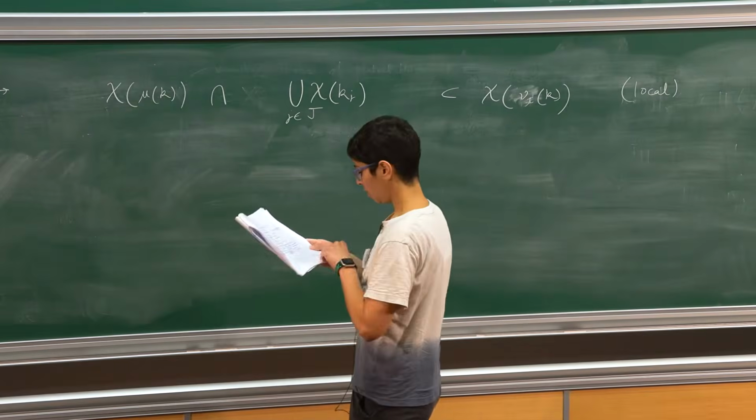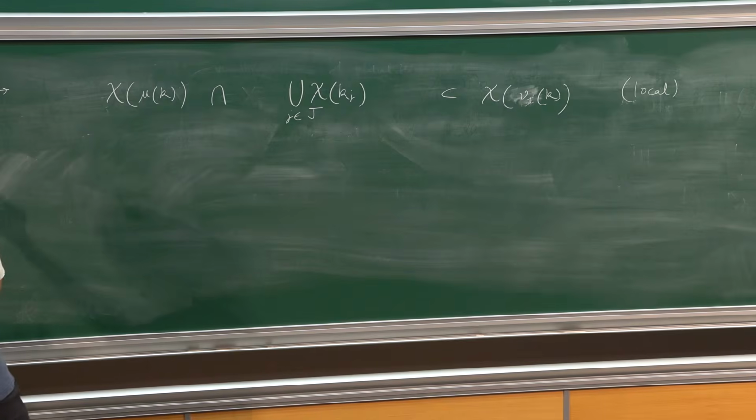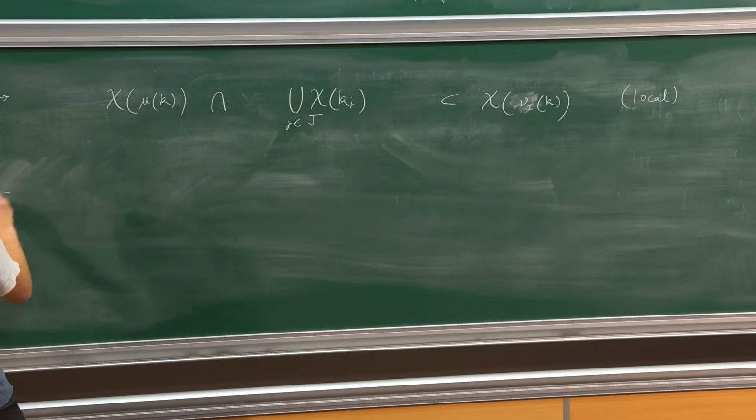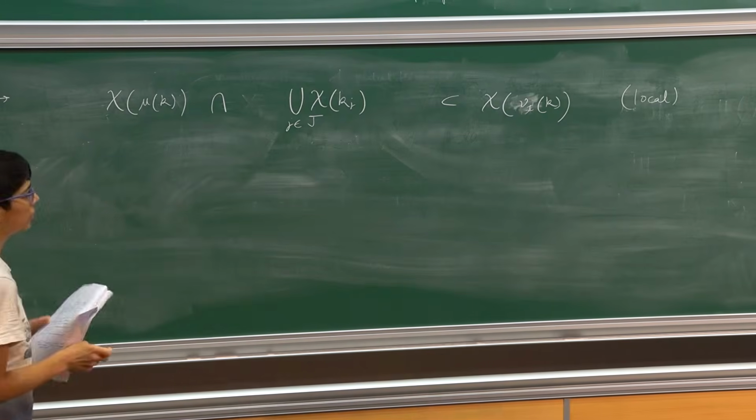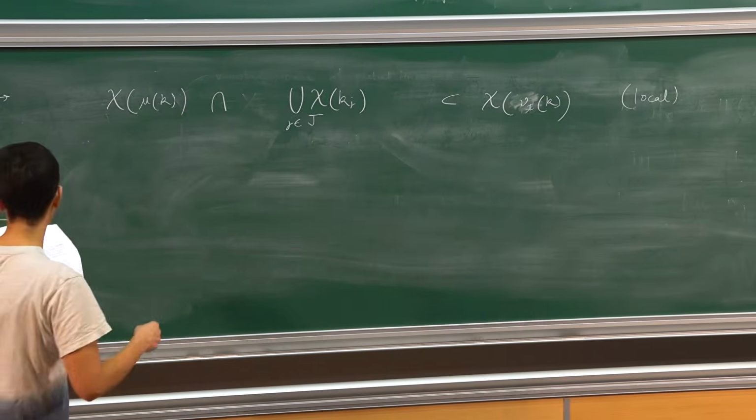All right, so let me say something about step 2. So that deals with step 1. We've got enough regular crystalline loci that our rho bar lives in.